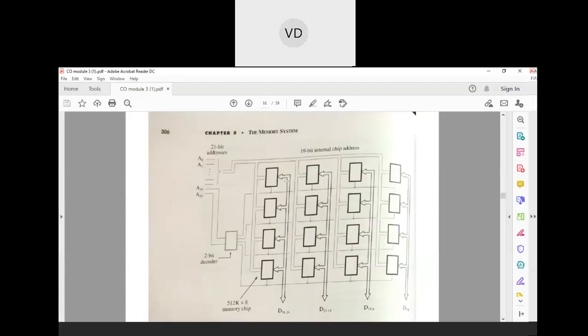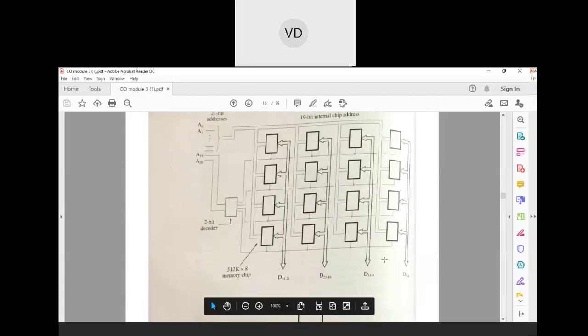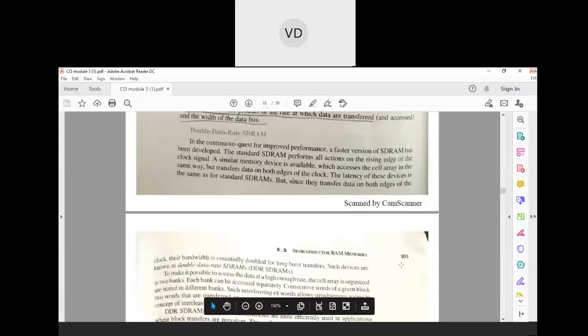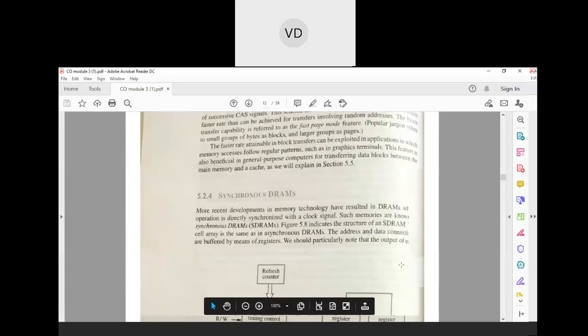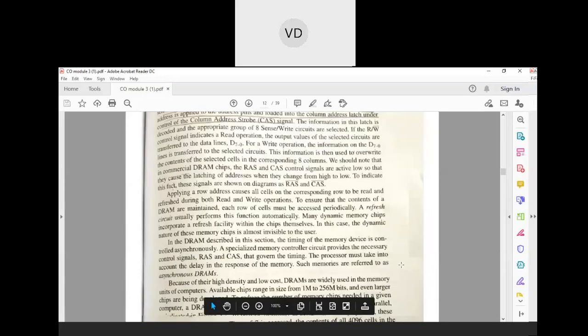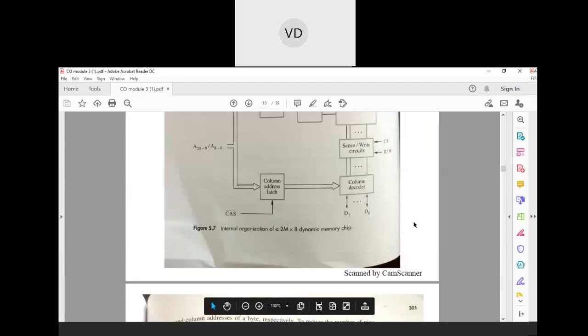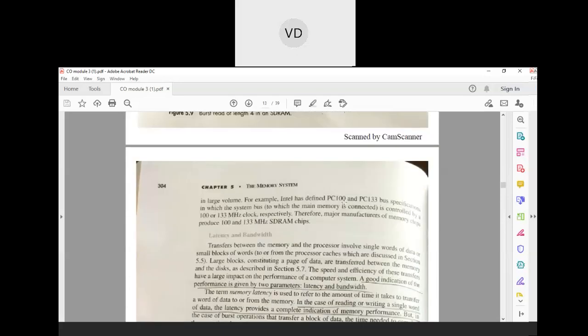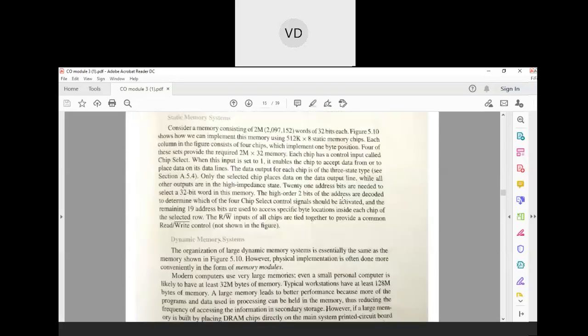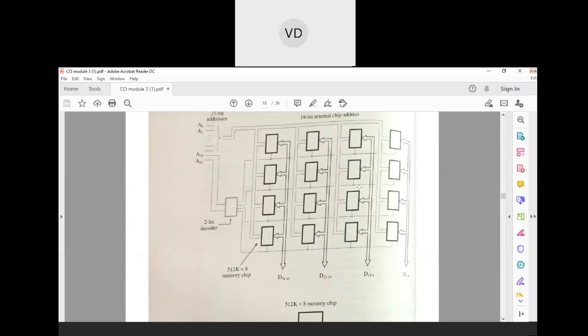We had transferred only 8 bits, D0 to D7, till now, but the same organization can be done for larger amounts of memory.